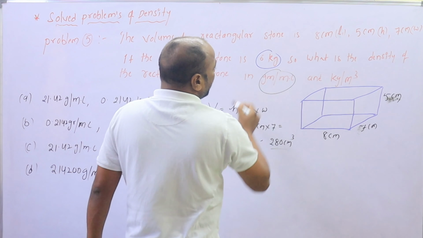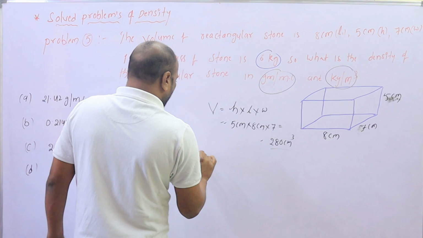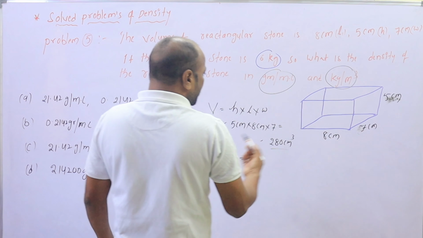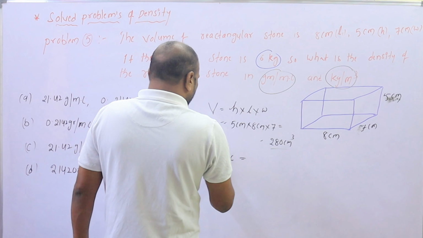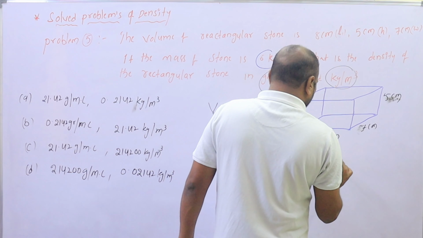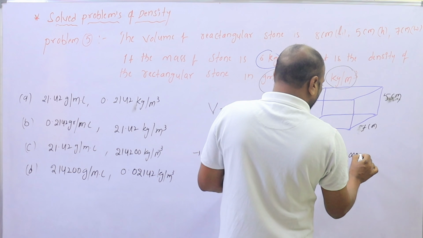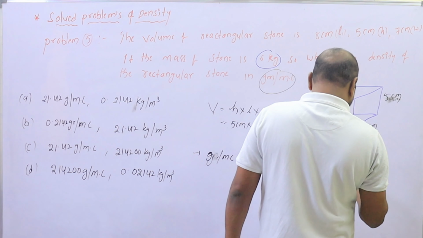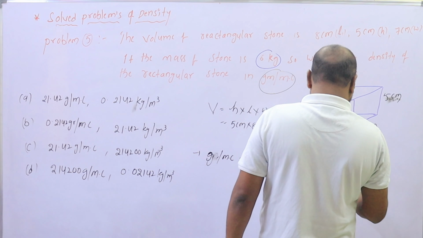Now calculate the density of the stone in gram per milliliter and kg per meter cube. So to calculate gram per milliliter, 6 kg is converted to grams. So 6 kg into 1000 grams by 1 kg, kg cancel.